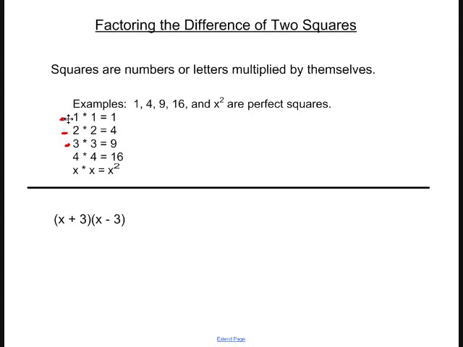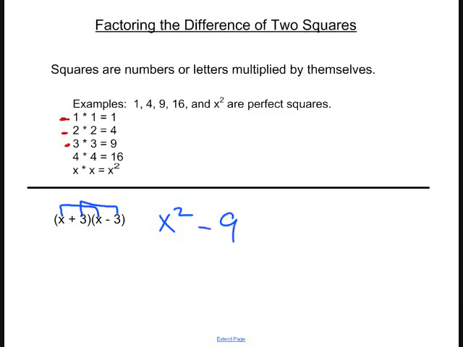Anytime we've seen this situation, we know that all we have to do is first and last. And so when you multiply first, x times x is x squared. And then last is 3 times negative 3, which is negative 9.